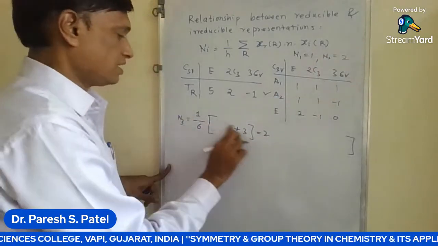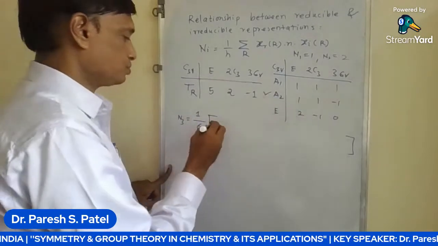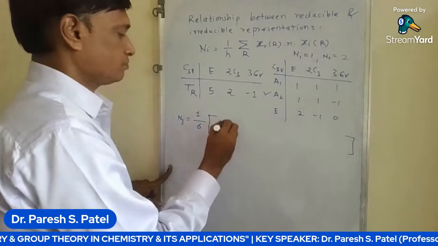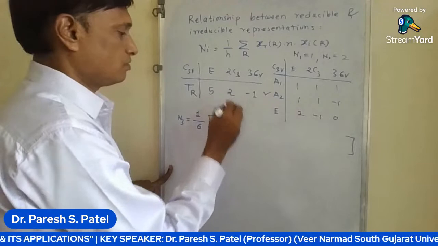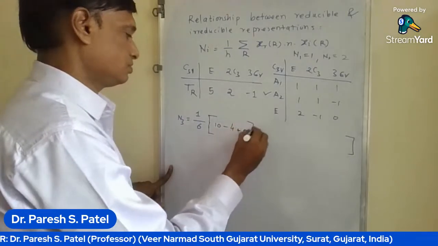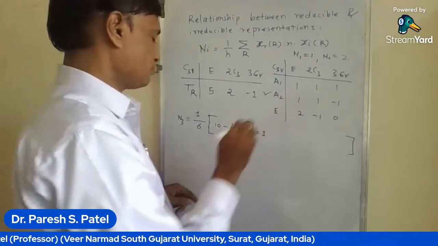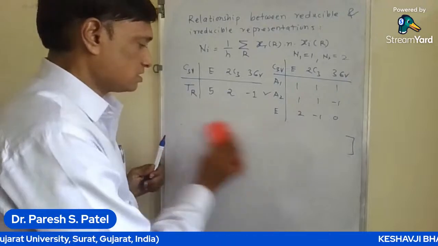Next one is n3: 5 times 2 is 10, plus 2 times 2 is 4, minus 4 and 0, which is equal to 6 divided by 6, 1. It means the value for n3 is equal to 1.